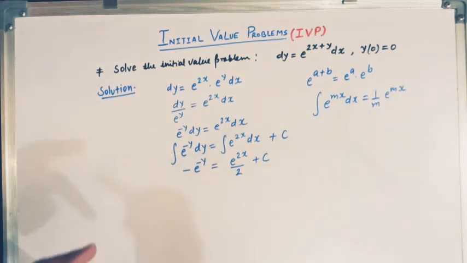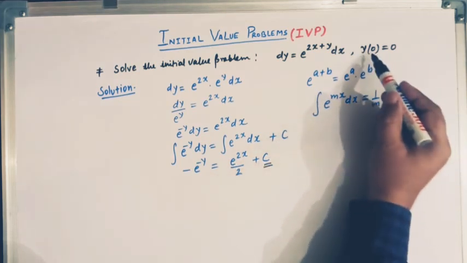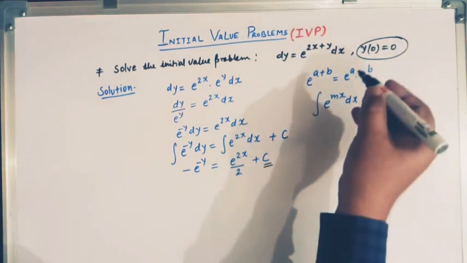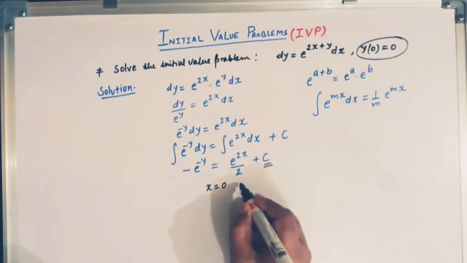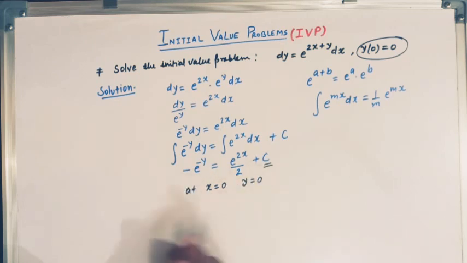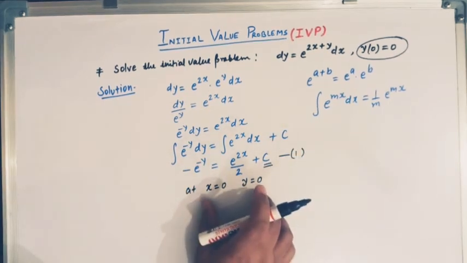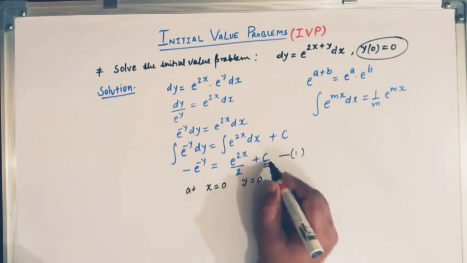Okay, now here our aim is to find out the value of this constant by making use of this condition, right? So here we are given at x equal to 0 the value of y is equal to 0. So let us substitute these values in equation number 1 to get the value of c, right?